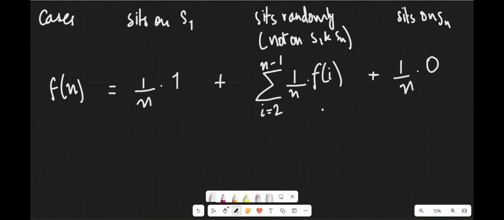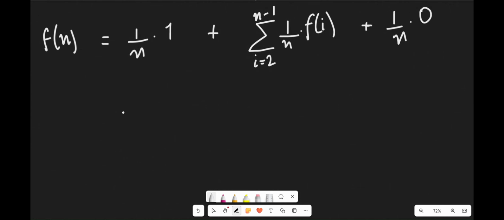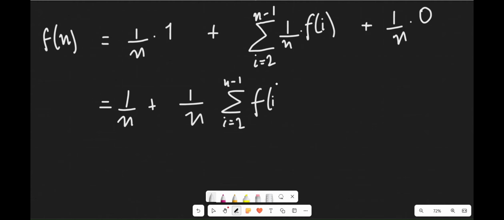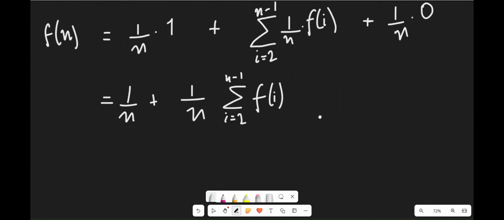And now we can try to solve this relation, right? So we know that this would be 1 by n. 1 by n can be taken outside. You can also take it as p of i and p of n, but we have to calculate a function, so we'll just take f, and this whole term is 0.